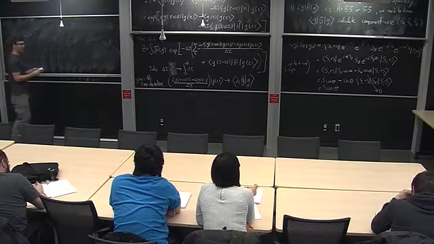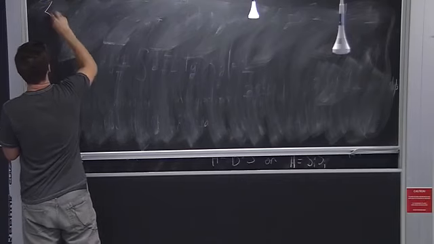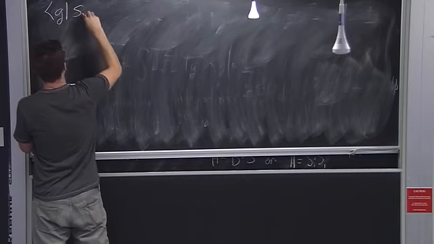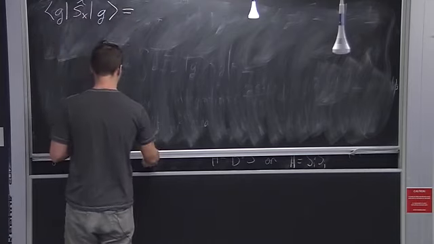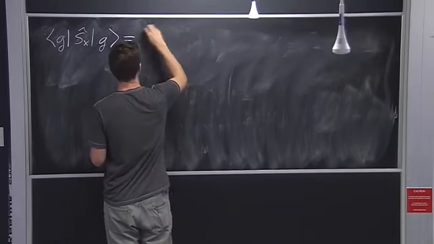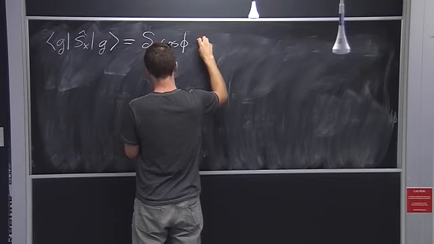I could do the other two components, or we could leave 10 minutes early, so I'll just write them down. Because I think there's no tricks. The only thing to note is that you'll get phi dependence.